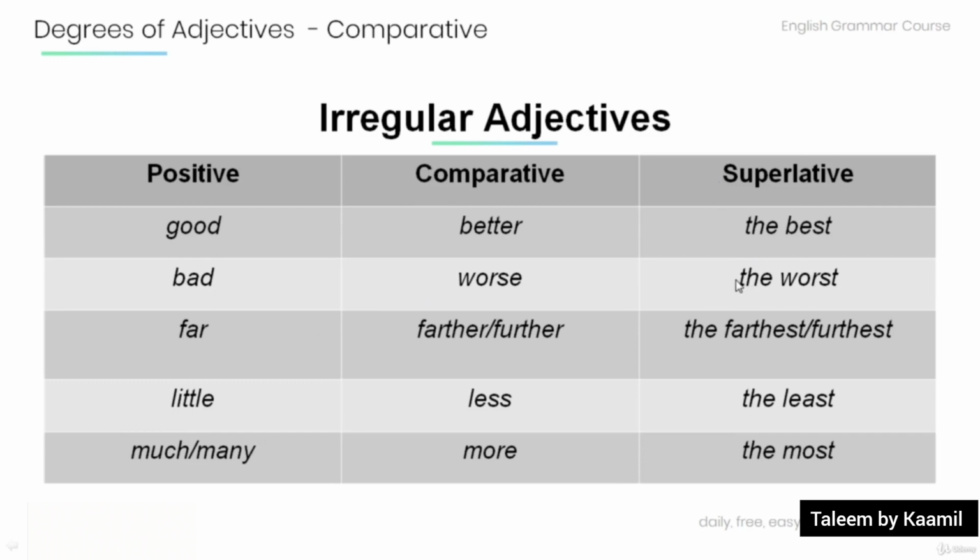Superlative, the worst. Far, comparative, farther, further. Superlative, the farthest, the furthest. Little, comparative, less. Superlative, the least. Much or many, comparative, more. Superlative, the most.